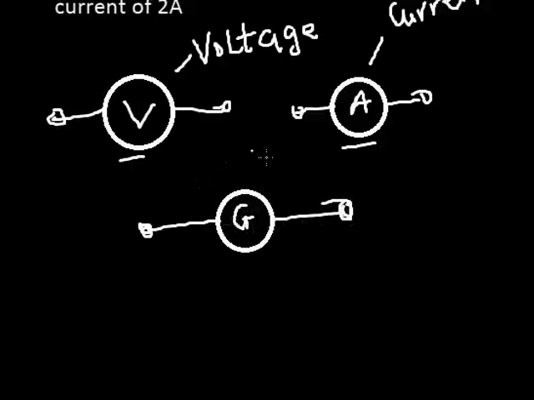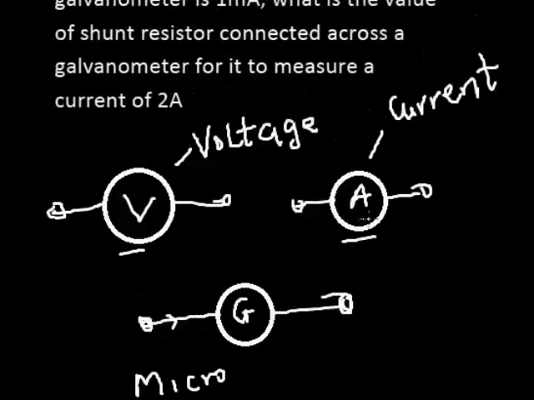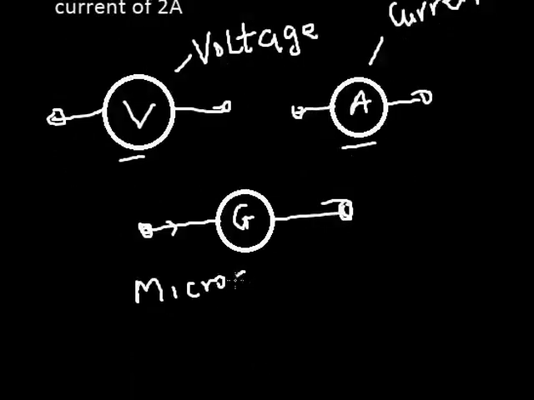So a galvanometer detects current as it enters into it, causing the pointer to deflect based on the current. But a galvanometer can only measure a small amount of current, so we call it a micro ammeter, because it only measures a micro amount of current, a very small amount.